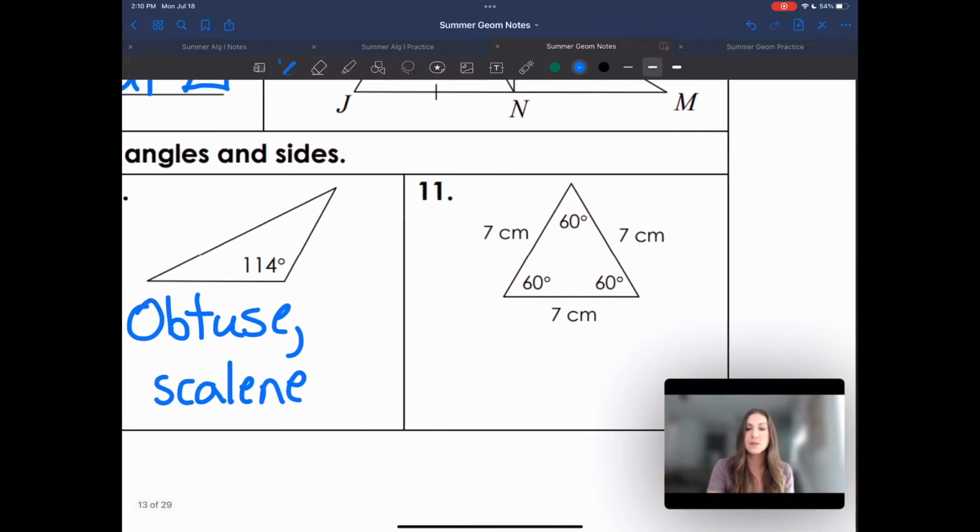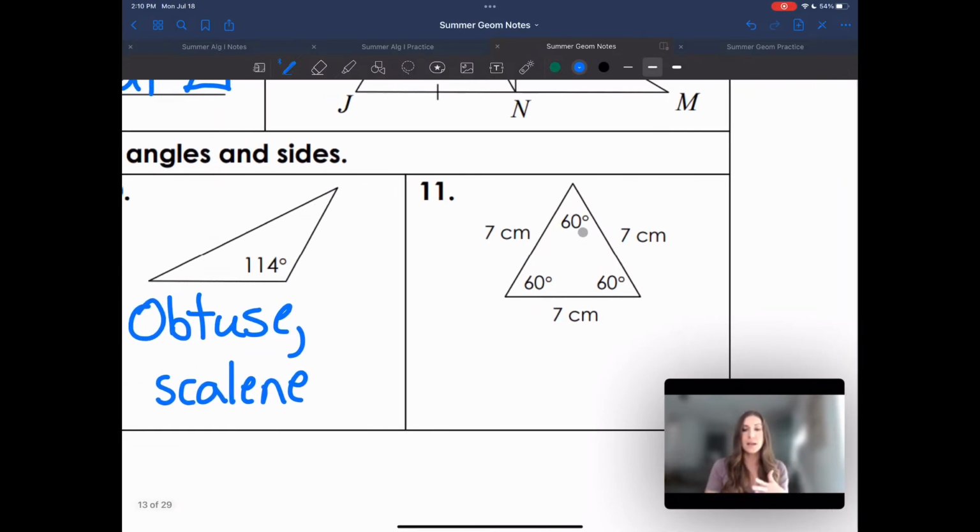Okay, and then number 11, let's take a look at the angles. We have 3 acute angles, so it is an acute triangle, but they're also all congruent. 60 degrees, 60 degrees, 60 degrees. So we would actually more specifically classify this as equiangular. Equiangular, which means it's going to be equilateral, because I just told you that.